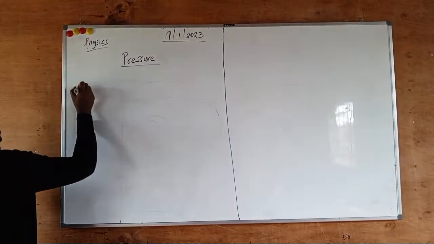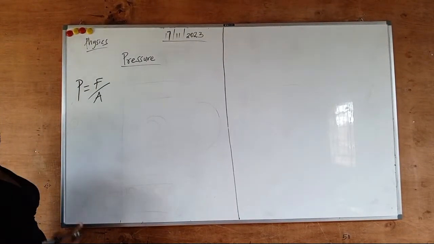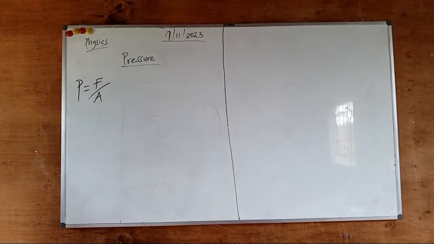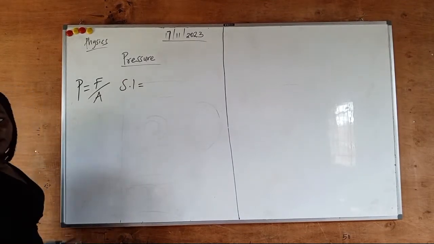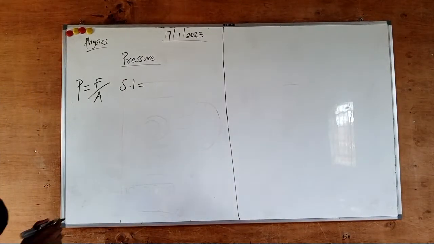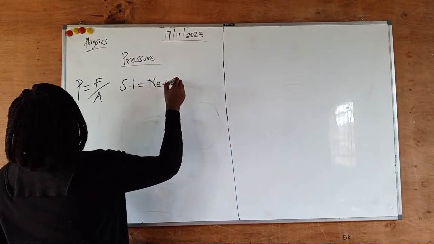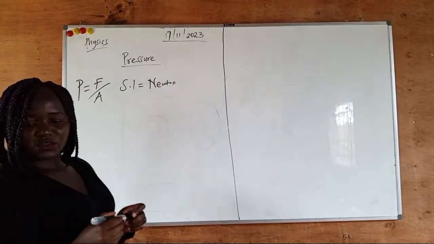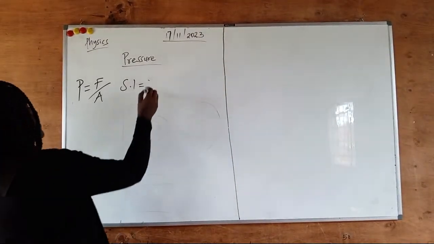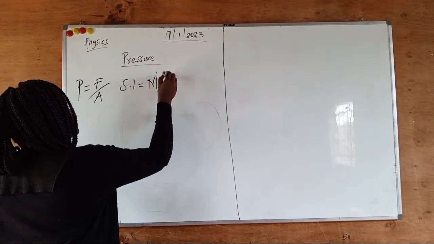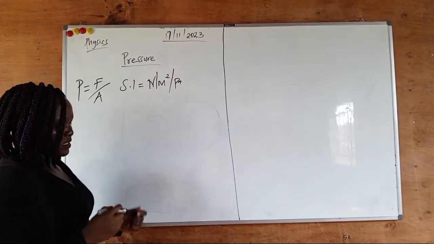What do I mean? Pressure is defined as the force per unit area. That is the formula of pressure. So, what is the SI unit of pressure? Newton per meter square, which is also referred to as Pascal.